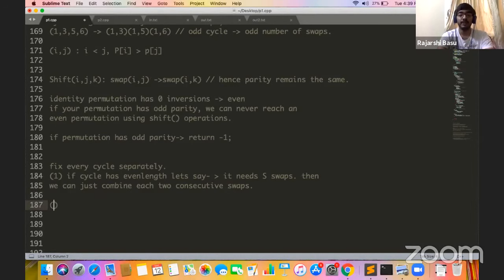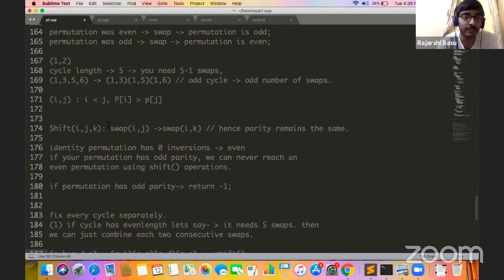How? Let's say the cycle was A, B, C, D, E. The swaps are A comma B, A comma C, A comma D, A comma E, right? So we can represent them as shifts. Remember how shift ijk is essentially swap ij and swap ik.